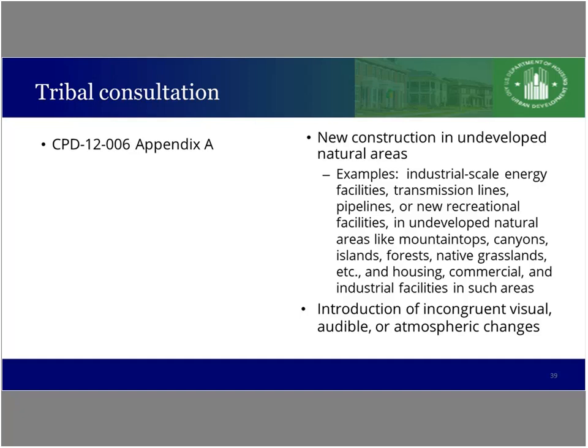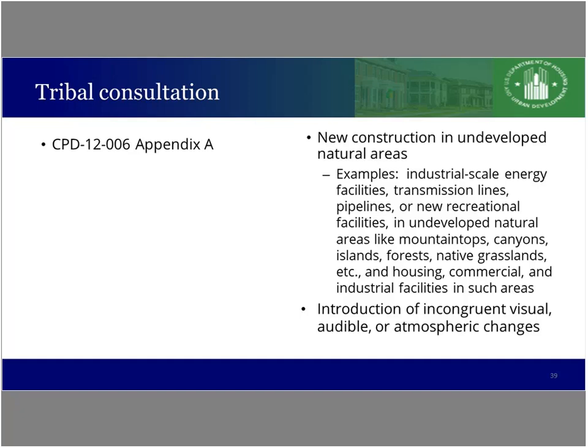So for instance, if a project involves industrial scale energy facilities or transmission lines, pipelines, new recreational facilities, and if those projects are proposed for natural areas like canyons, islands, forests, native grasslands that may have tribal significance, we need to reach out to the tribes to consult on that project and include them and their comments.